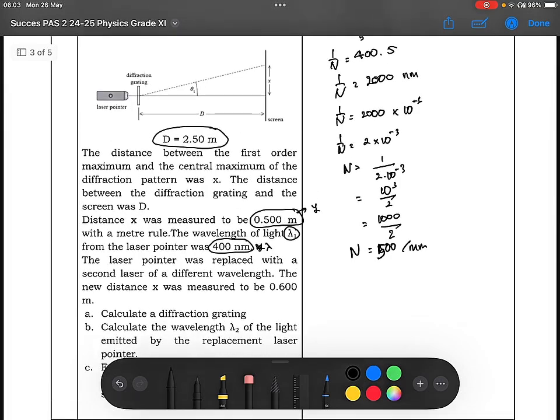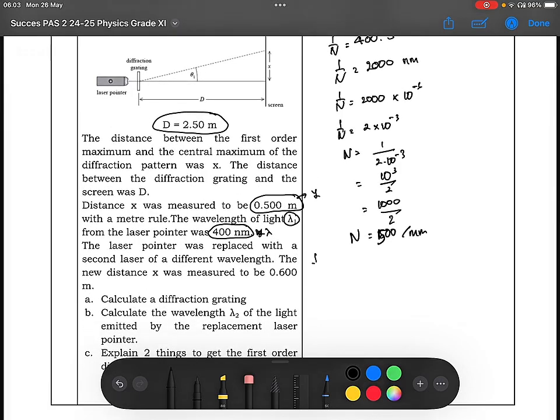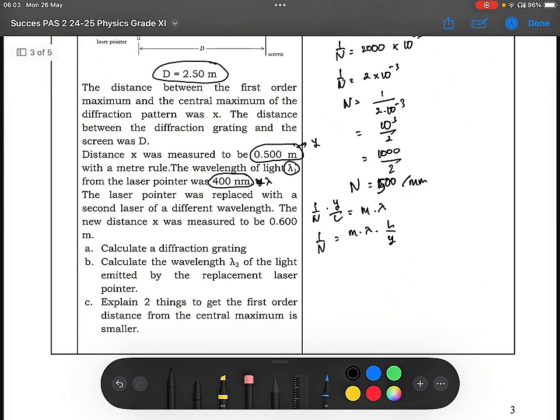You can find the formula: Y per N equals M lambda L. So you can find 1 per N is M lambda L per Y. I think it is the same in the first laser and the second laser.